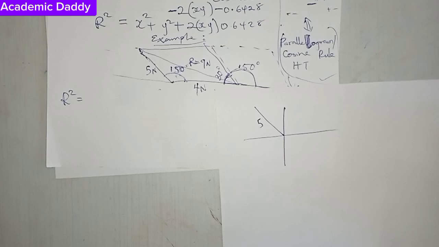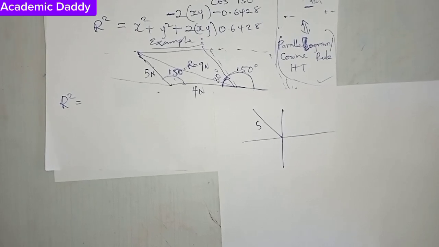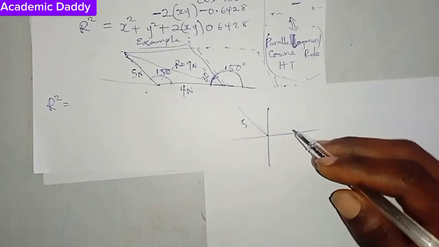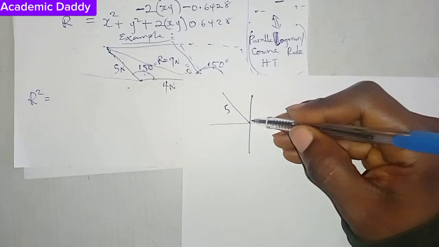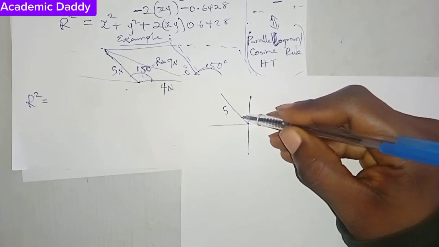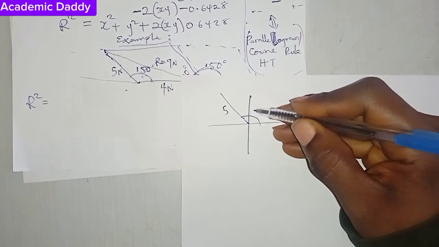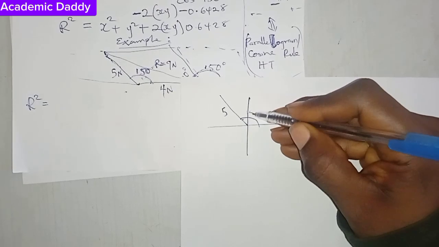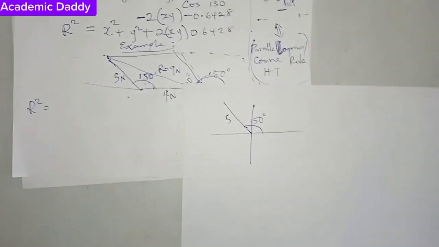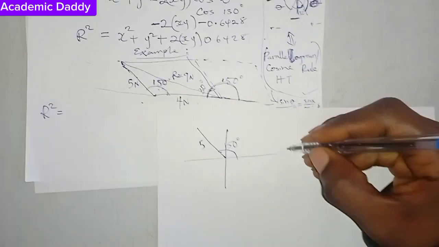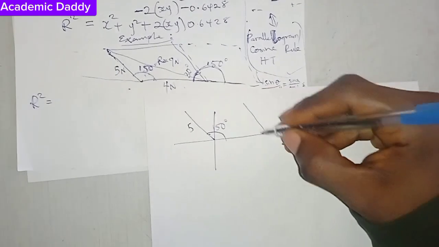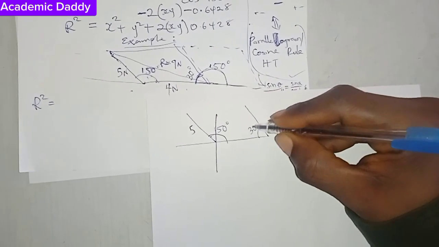Then we are told there's an angle here which starts from the origin, and this angle is 150 degrees. Remember, initially we were told also that there's another angle here which is 30 degrees.